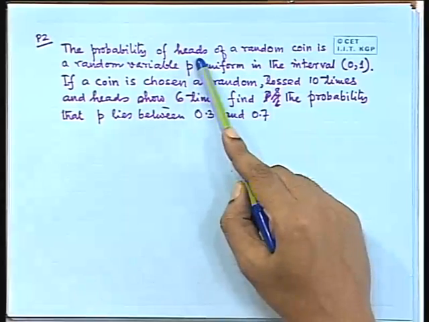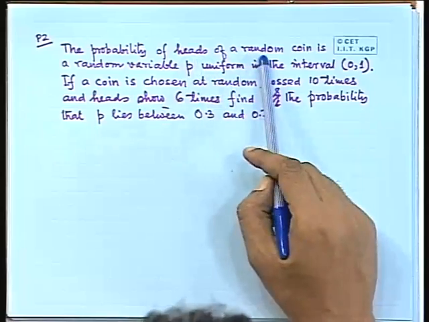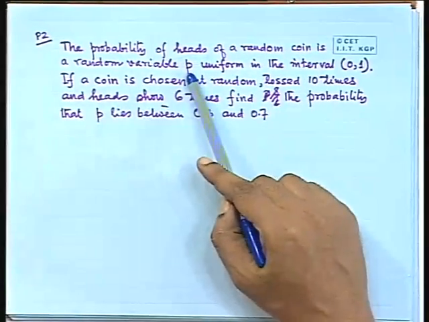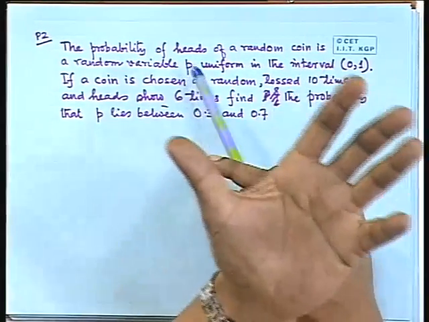Now let me complicate this problem a little further. This is also a nice problem which uses the same kind of Bayes rule but for a different application. This says that the probability of heads of a random coin is a random variable p. Now we are having many coins, some of them are unfair coins.